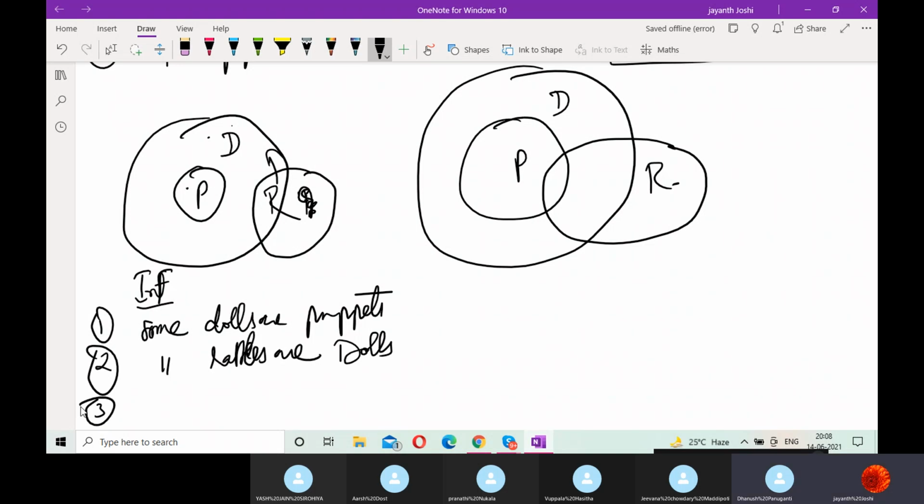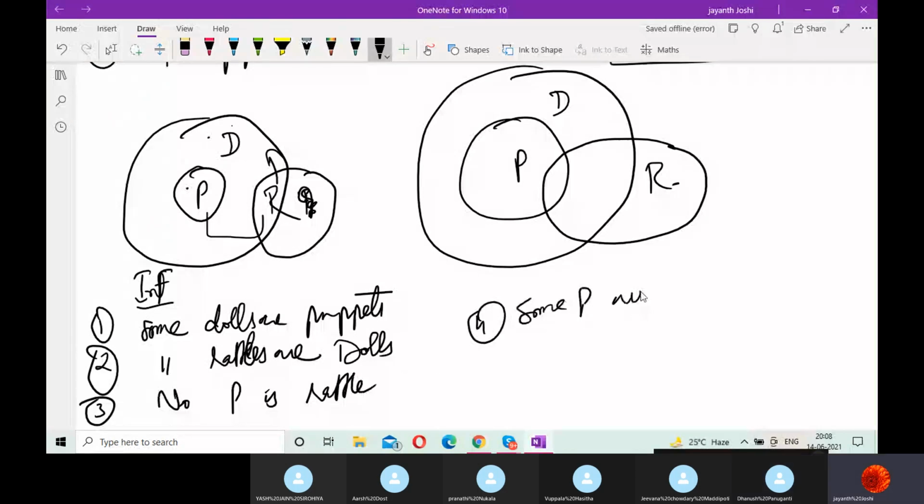Point number three. You can see either no puppet is a rattle, or some puppets are rattles. All of you please make a note of this. We'll go for the next section.